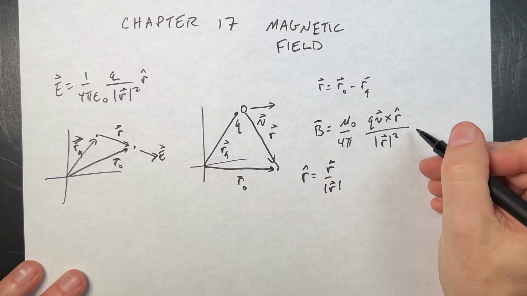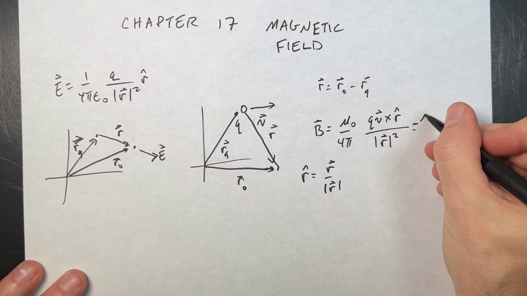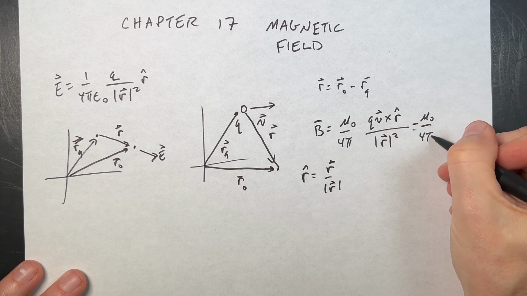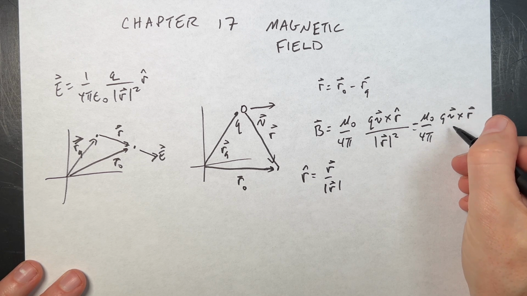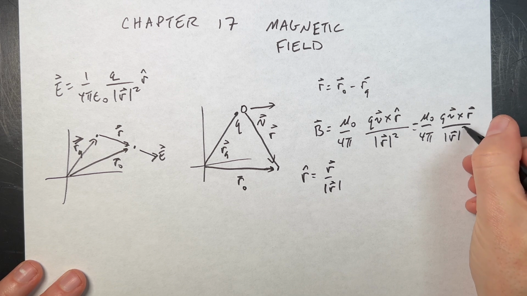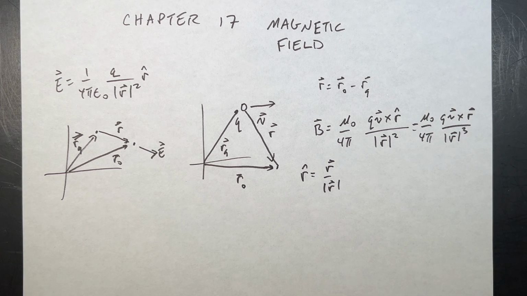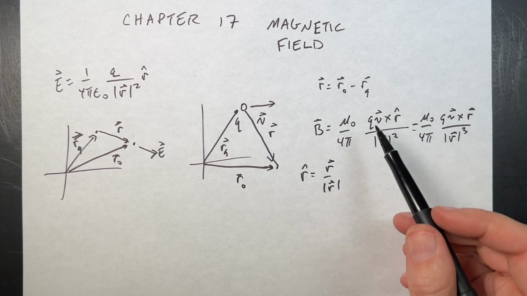If I substitute that in, I get a slightly different version, mu naught over 4 pi QV cross R over R cubed. Both of those are fine. You use the one that makes you happy. So we have a couple things here.